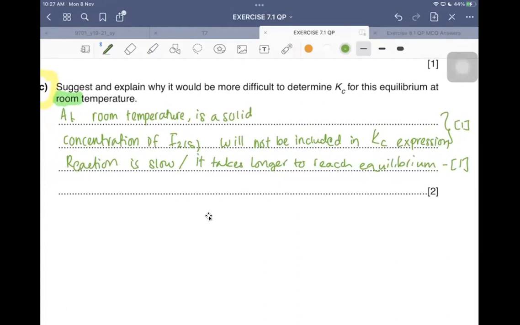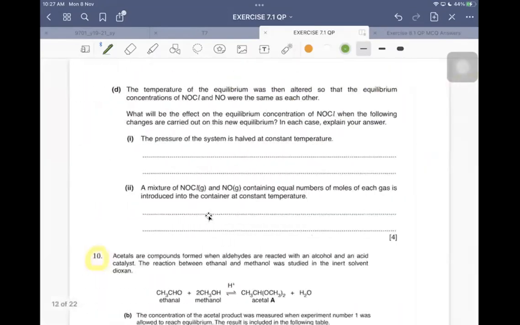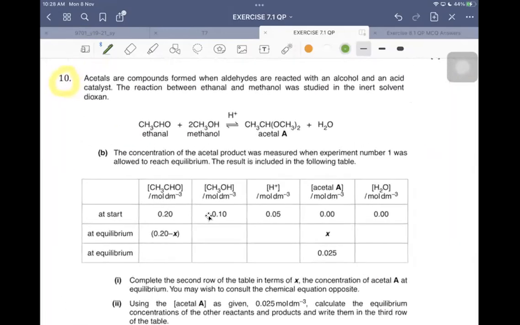Sorry. Okay, next is question 10. Question 10 is here. All right. So question 10 is a reaction between methanol in the presence of a catalyst, hydrogen ions, to form acetal A plus H2O.